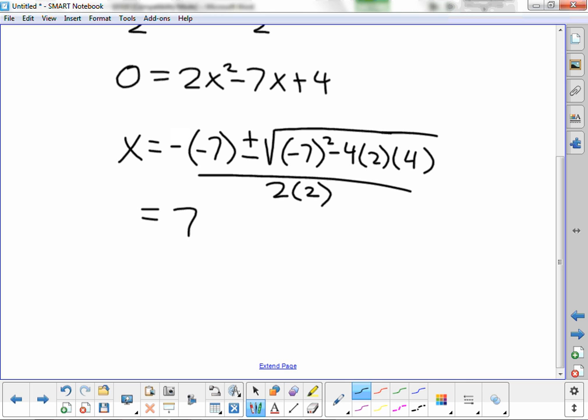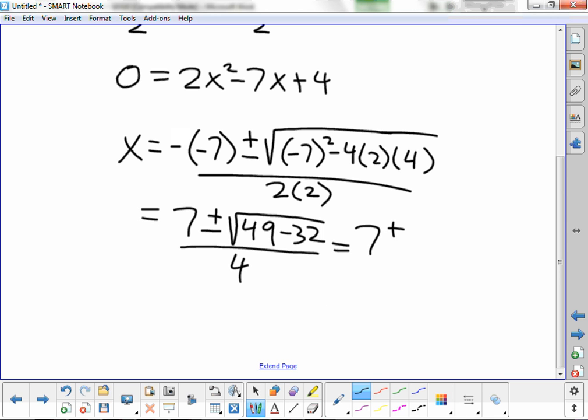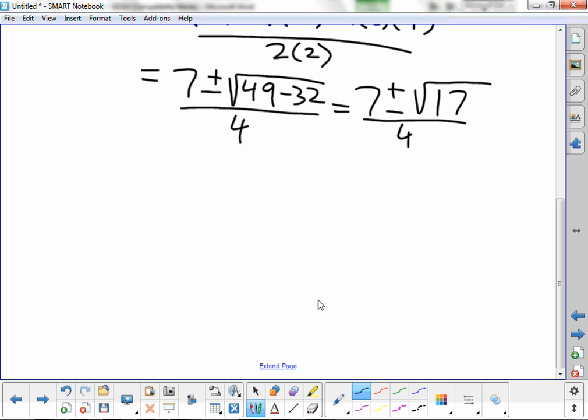So it's going to be 7 plus or minus the square root of 49 minus 32 over 4, which is 7 plus or minus the square root of 17 over 4, which means x equals 7 plus the square root of 17 over 4, and x equals 7 minus the square root of 17 over 4.